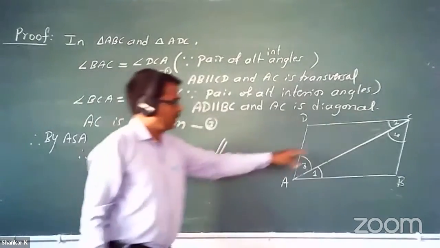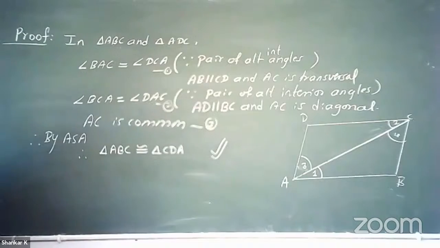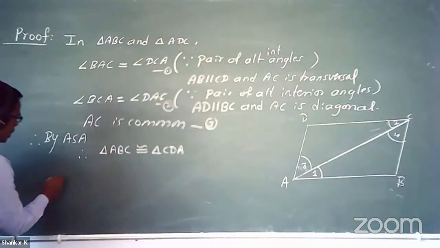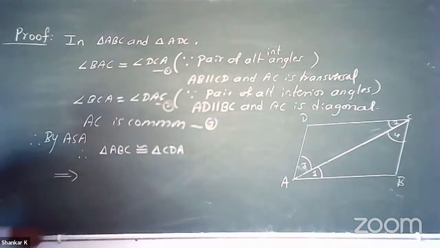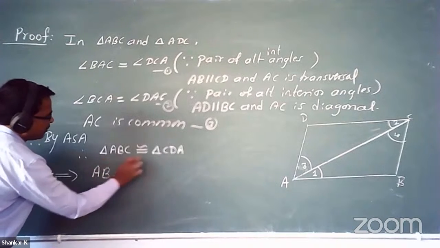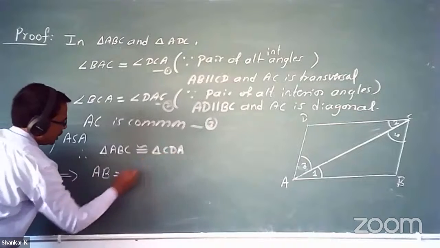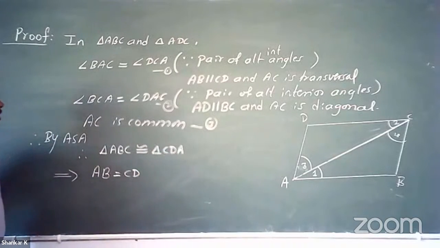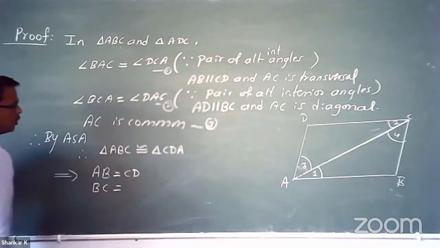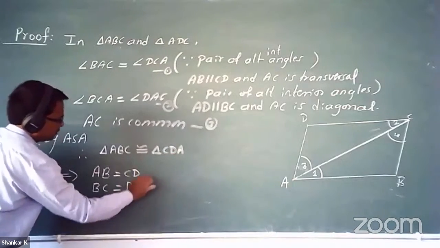Already we proved both the triangles are congruent. So corresponding parts are equal. Which are corresponding parts? This implies AB equal to CD, and BC equal to DA, or AD.